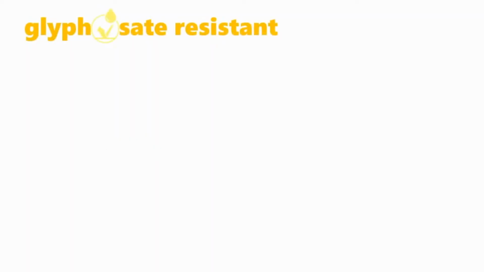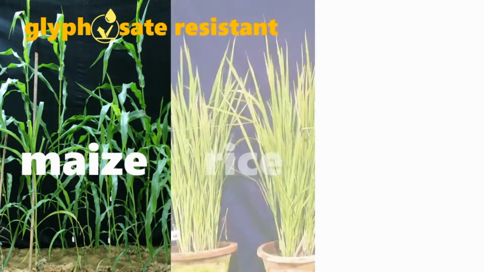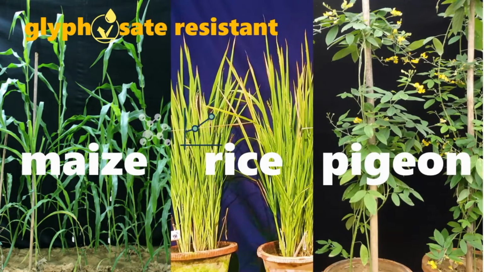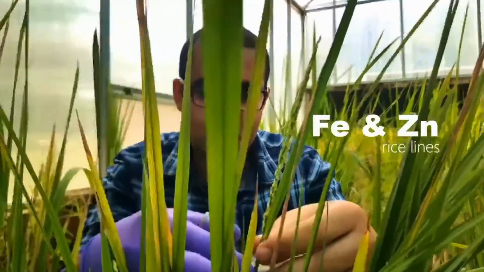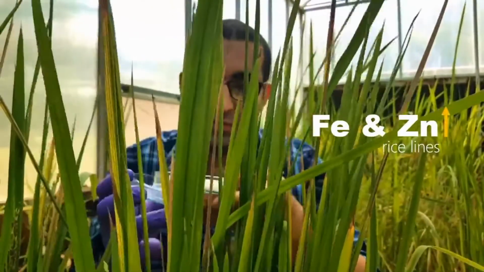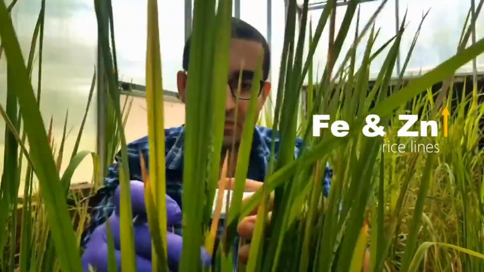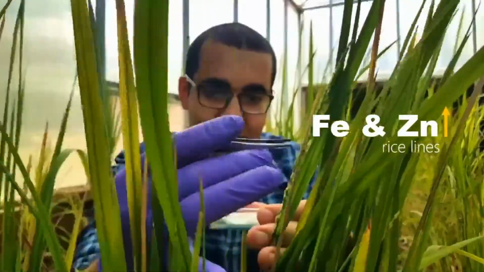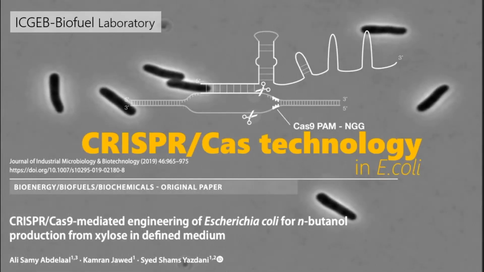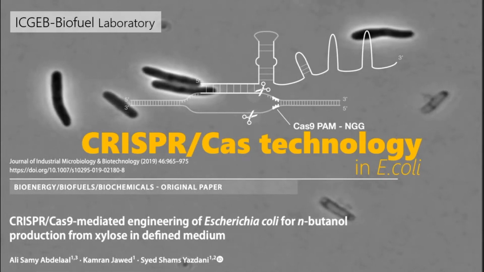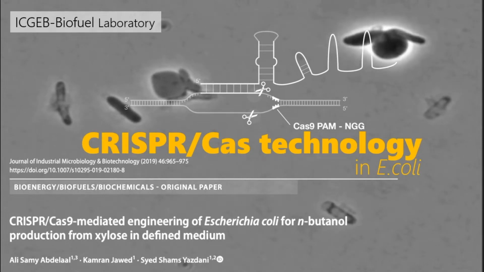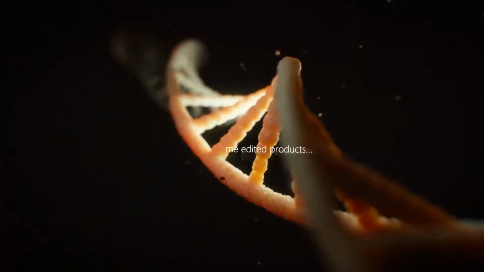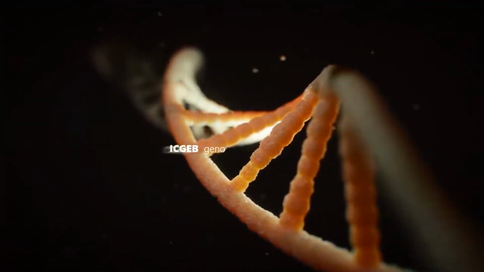Besides the development of glyphosate-resistant corn, rice and pigeon pea, with enhanced aromatic amino acid profiles, the nutritional improvement of crops team at ICGEB has also successfully generated CRISPR-Cas9 edited rice plants with enhanced iron and zinc content in their white rice grains. The Biofuel Division at ICGEB has engineered a synthetic butanol pathway in the genome of E. coli using CRISPR-Cas technology, and many more CRISPR-edited products are in the offing.